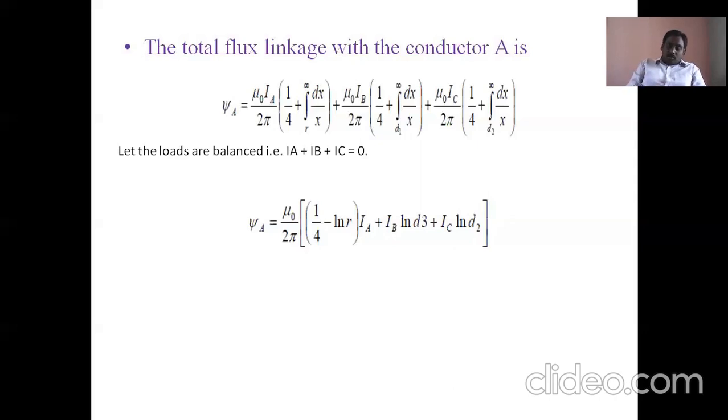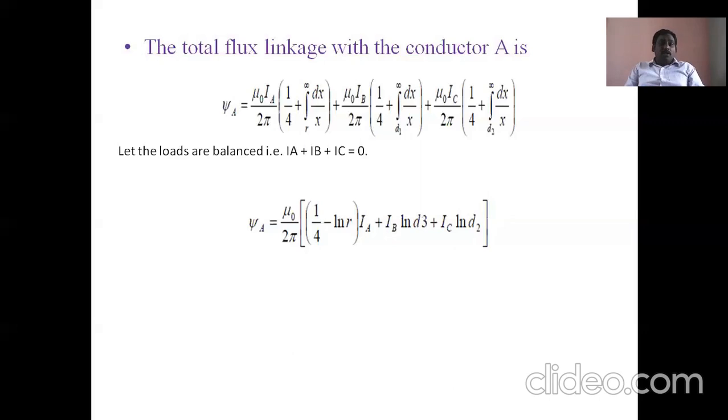So then one more thing here: if we take common the minus value, mu naught by 2 pi, 1 by 4, minus natural logarithm of 1 by R, and taking common 1 by 4, finally 1 by 4 is common, both are plus here.